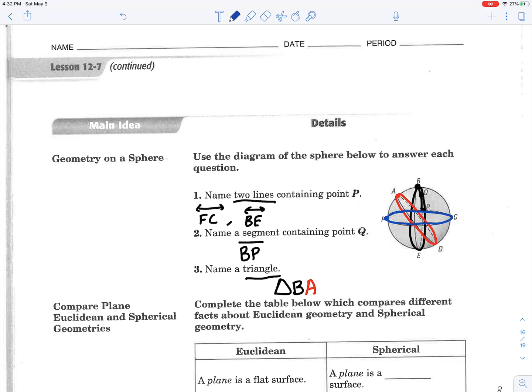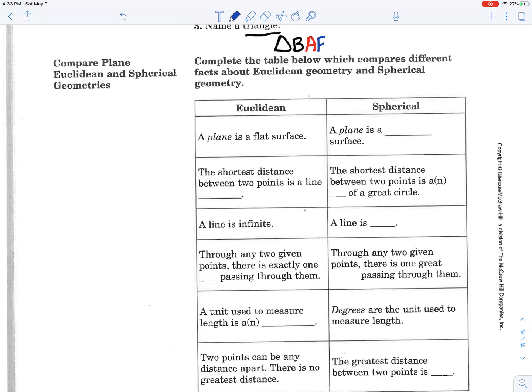And then we would need one more. How about F? Now, does BAF look like a triangle? Not necessarily, but a triangle has to be three intersecting lines. That's what we've talked about before. Well, the circle containing B intersects the circle containing A, and it intersects the circle containing F. So it still fits our definition of a triangle.